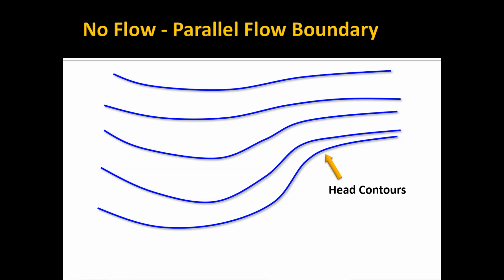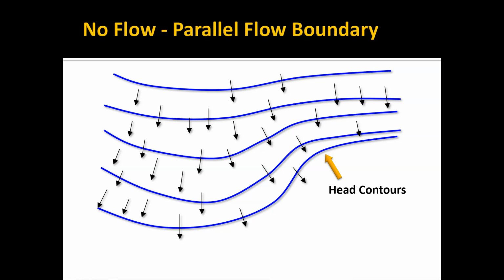A similar type of no-flow condition is called a parallel flow boundary. In this case, let's suppose, for the sake of argument, that if we contour the water levels from our monitoring wells, we come up with these head contours of what the ambient groundwater flow conditions are, and the water is going to flow perpendicular to these lines.